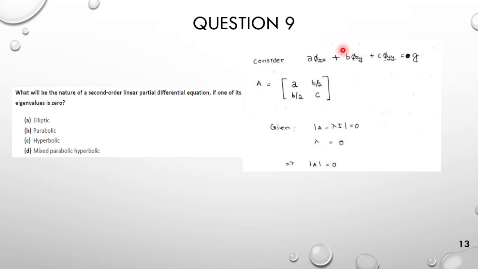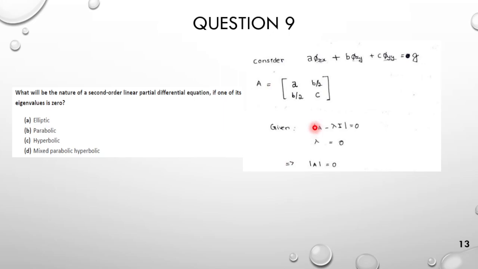I have taken a very simple case here, wherein you formulate the A matrix. It should be in the format A phi xx plus B phi xy plus another term B, which is phi yx, which is nothing but phi xy. That is why I have split it into b by 2, b by 2 here, and then c. So this forms our A matrix.